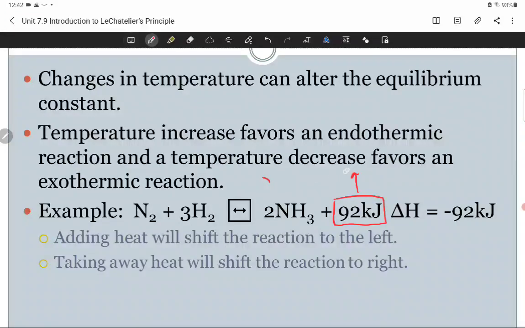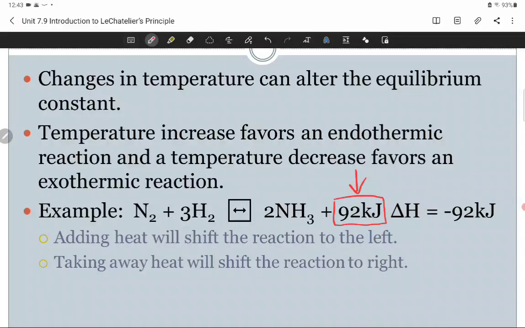We can't really do the Q versus K in this idea because energy is not in that reaction quotient. So we're going to have to leave that out for this example. But if you would chill this reaction, you would be taking energy away, and it would shift it to the right.